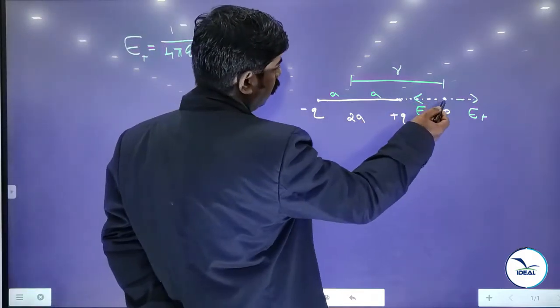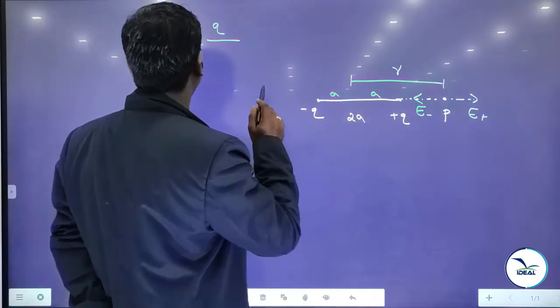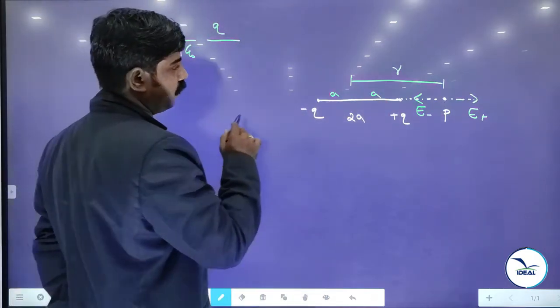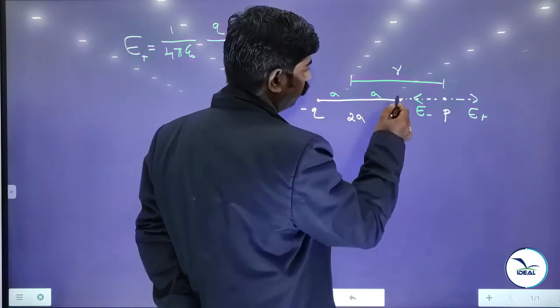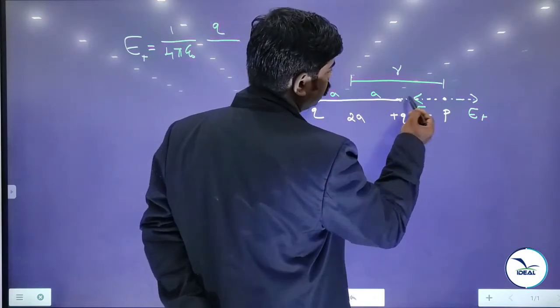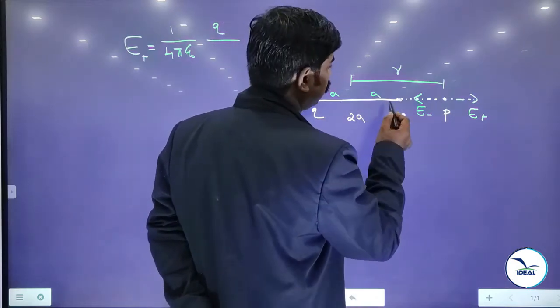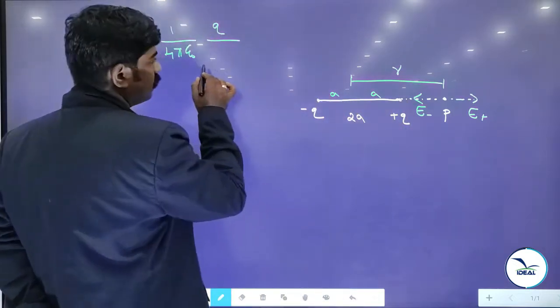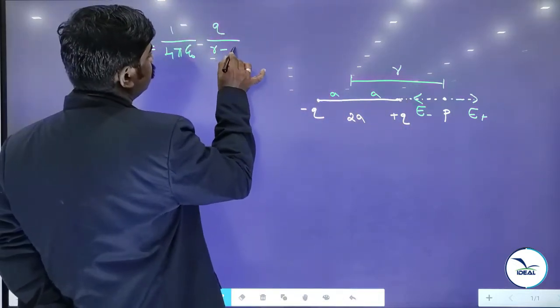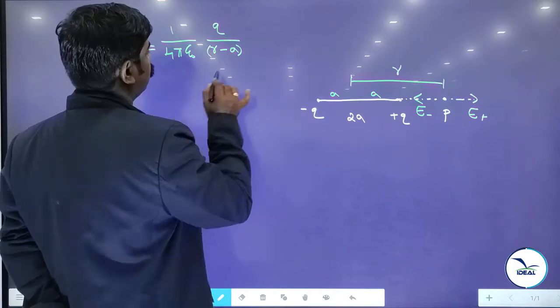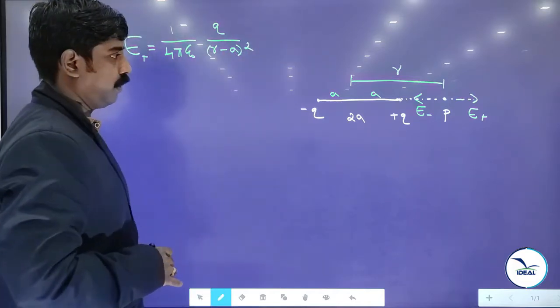What is the distance r here? We are considering E plus for this charge. So for the positive charge, the distance is r minus a, so r minus a the whole square.